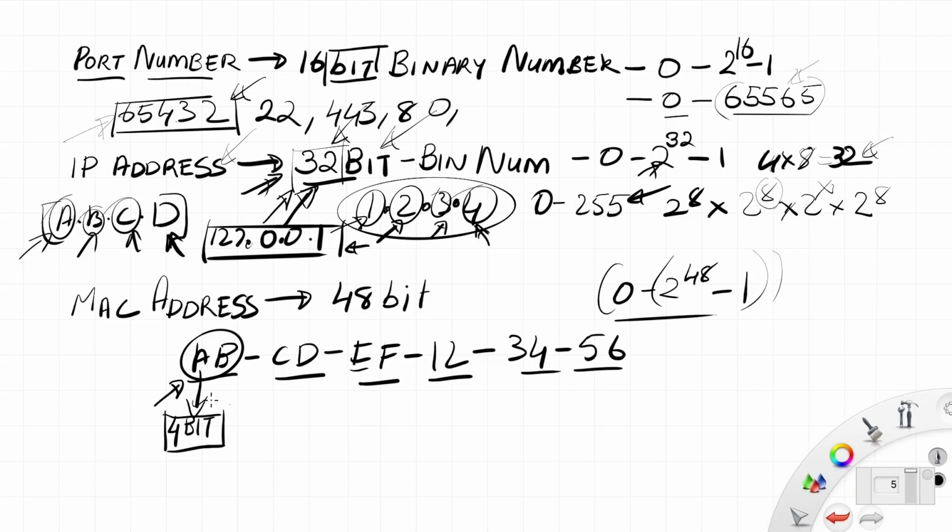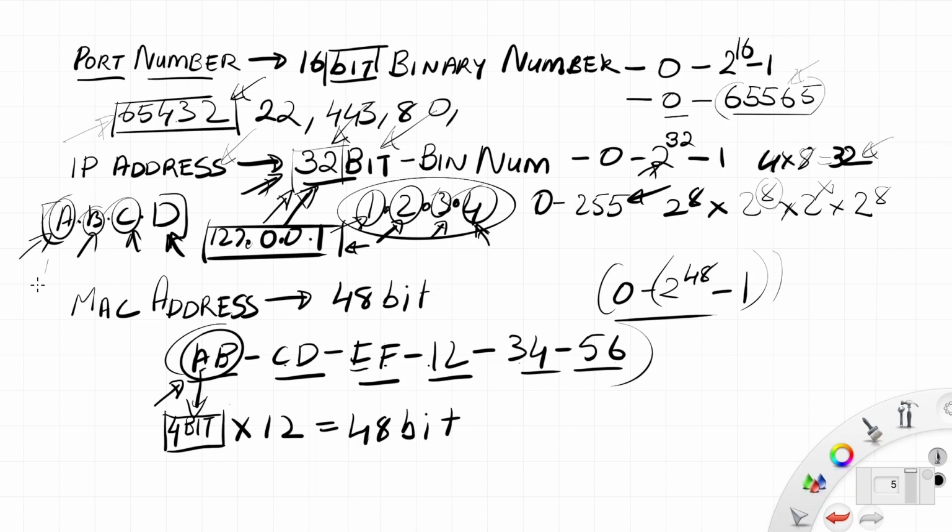This whole number, 1, 2, 3, 4, 5, 6, 7, 8, 9, 10, 11, 12, is a 12-digit hexadecimal number. So it is representing 4 into 12-bit binary number, which is 48-bit. So a MAC address is a 48-bit number, which is represented as this.